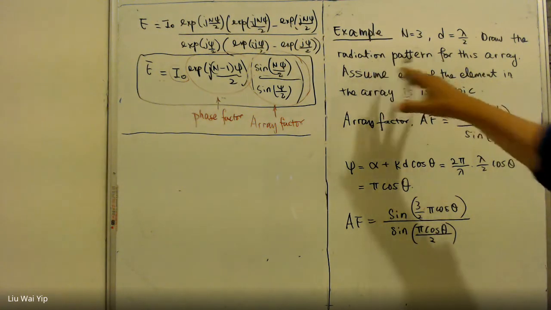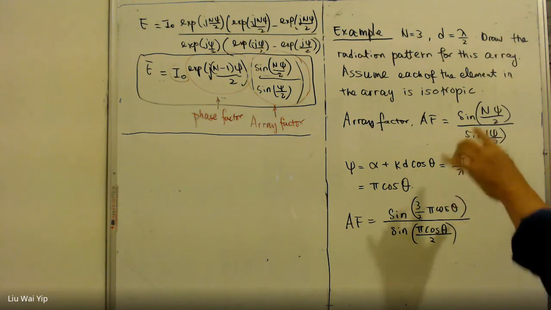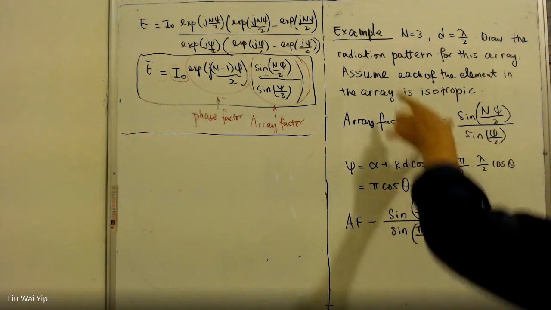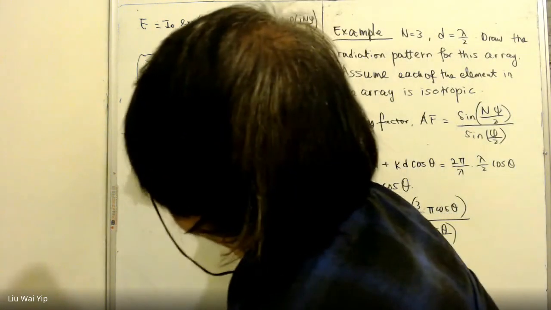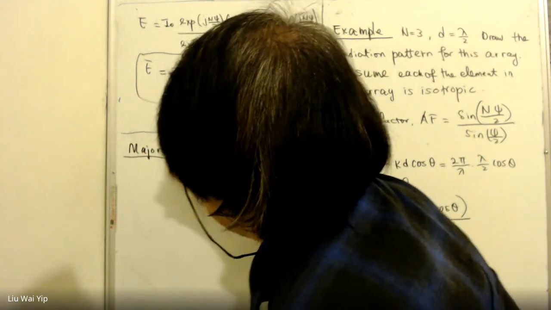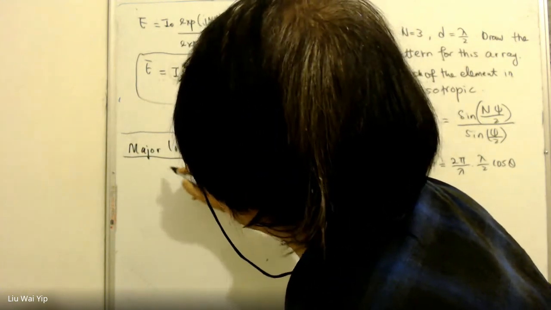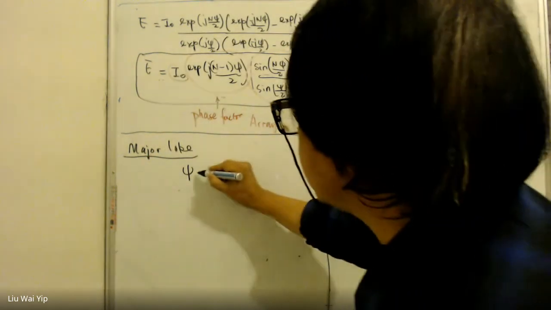To be able to draw the radiation pattern, you need to have some information. One of the important details is the major lobe. The major lobe is the lobe with the largest amount of radiation energy. And it happens when theta is 0, when phi is equal to 0.